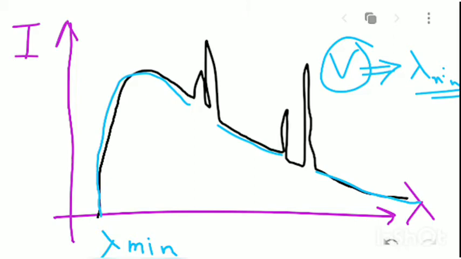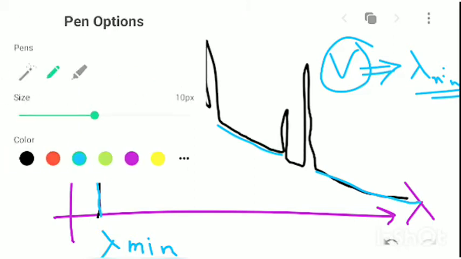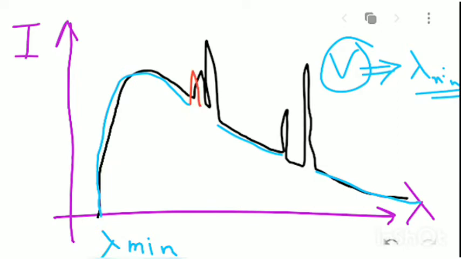And one more important kind of radiation we can see is here. Two peaks here, I'm marking with red, another two peaks here. These are not continuous, rather they are separated. These parts are called the discrete spectrum.